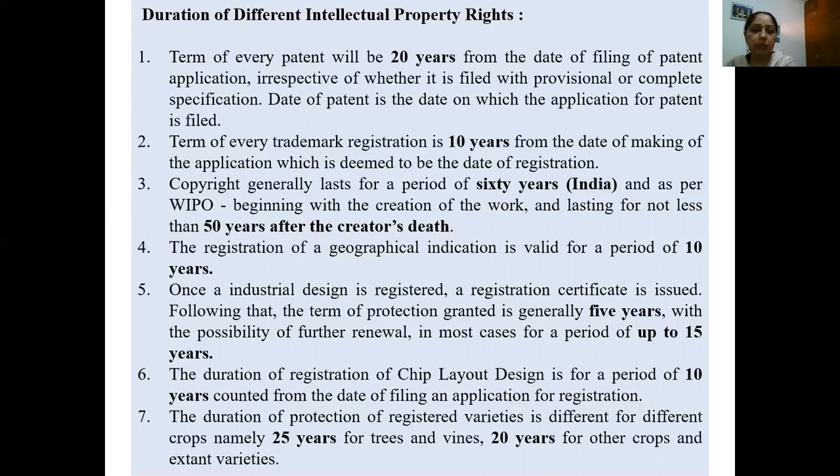Once industrial design is registered, and a registration certificate is issued, the term of protection is 5 years, as I told you, which can extend with fees up to 15 years. Duration of chip layout design is for a period of 10 years from the date of filing for registration. Similarly, for registered new plant varieties, it is 25 years for trees and vines and 20 years for other crops and extant varieties.